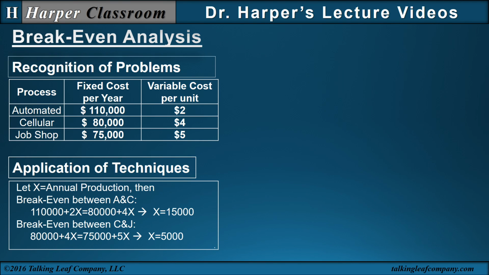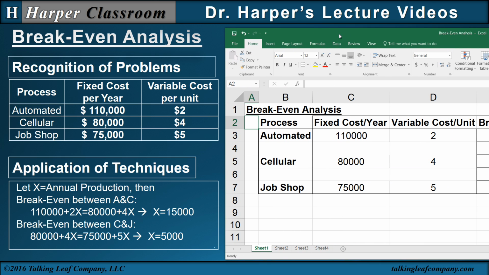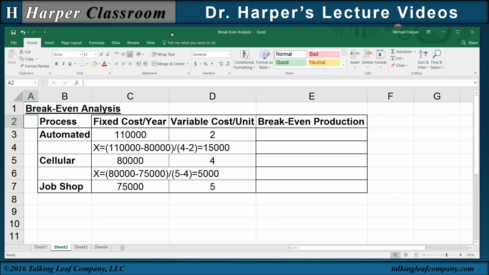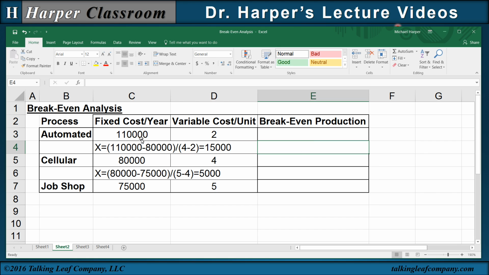So now let's solve this with Excel. So let me bring in Excel, and notice I've already typed in the fixed cost and variable cost, and the equations here, solving for X, would be these equations here. So let's actually solve this with Excel using these equations.